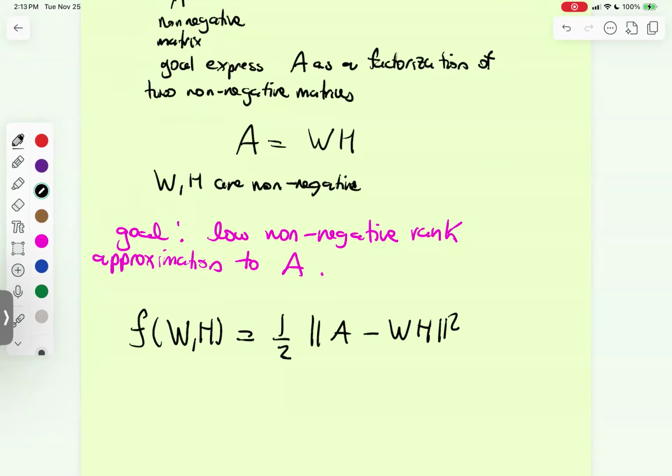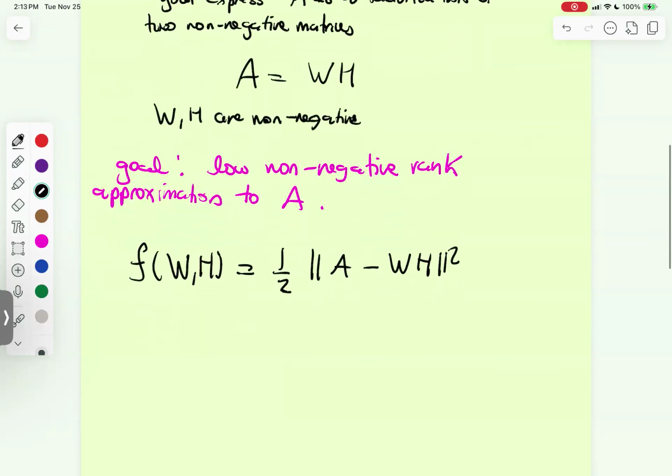That you have seen partially before, but not to the full extent. By these inequalities, I just mean that each entry is non-negative, right?